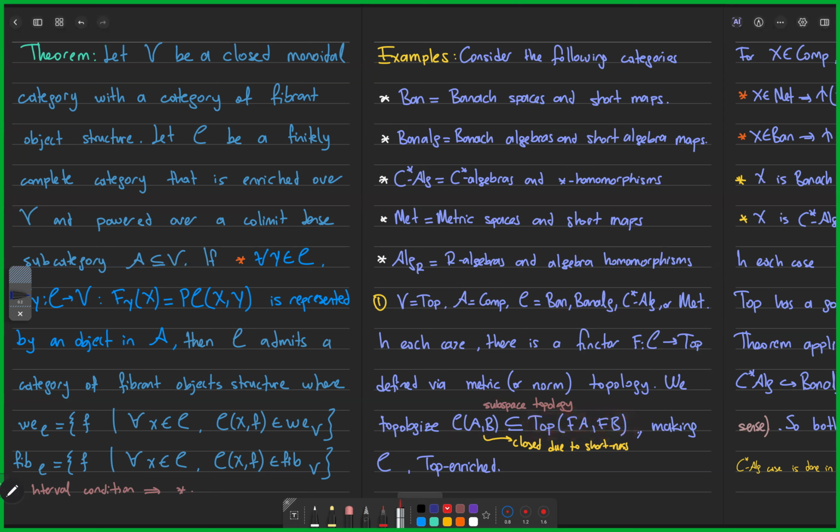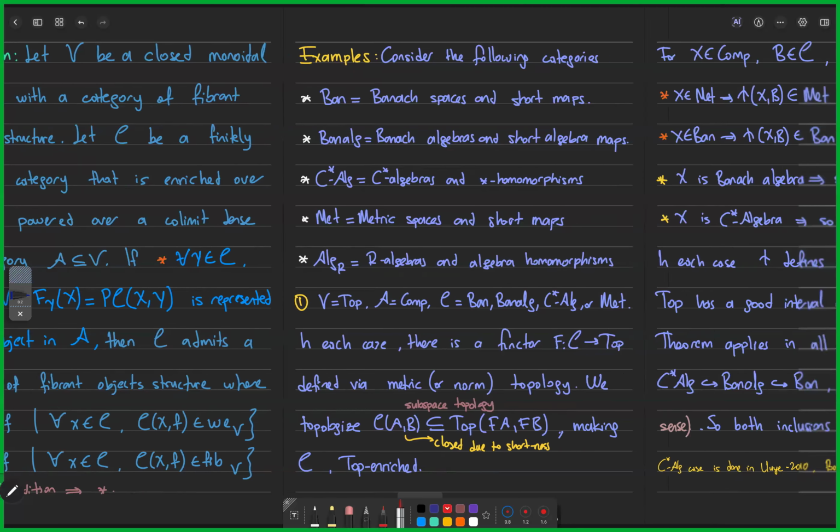And since we choose short maps, this is a closed subspace with the subspace topology. This makes it a closed subspace of Top(FA,FB). So C is Top-enriched. We can define the enrichment like this. The composition becomes continuous, etc. It satisfies all the properties.